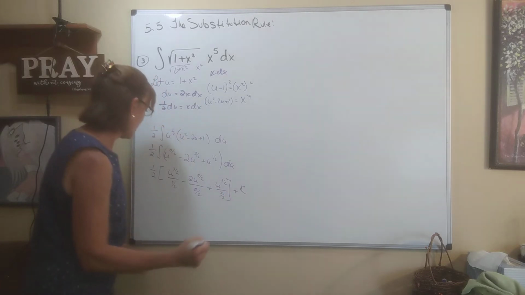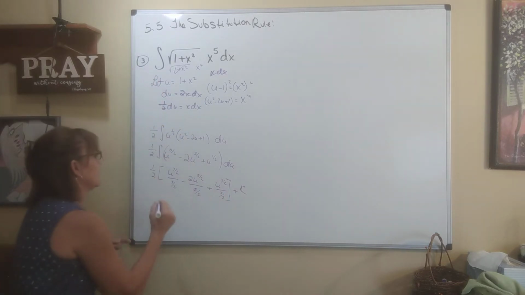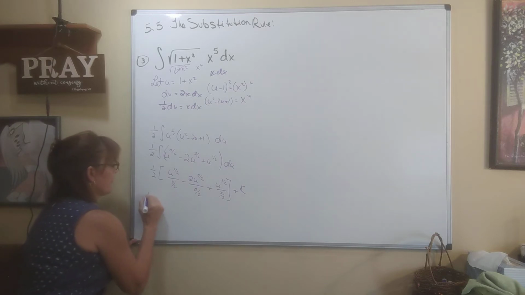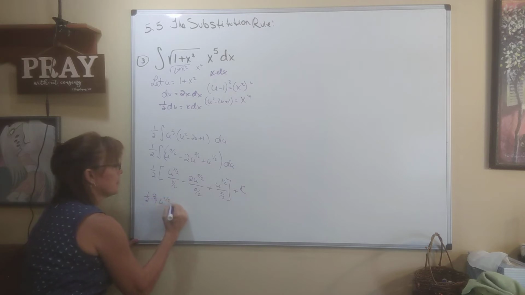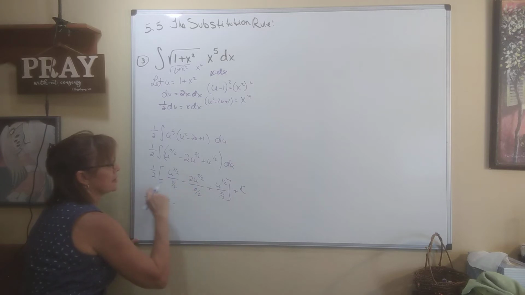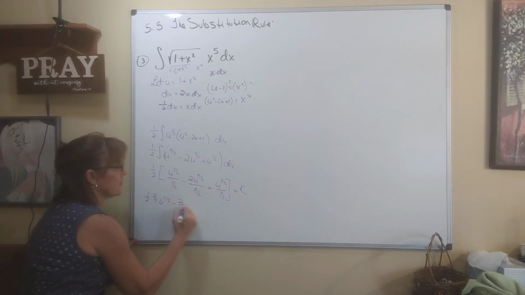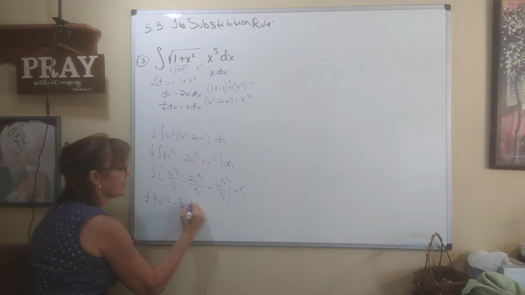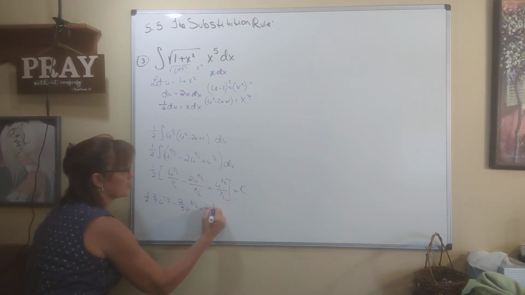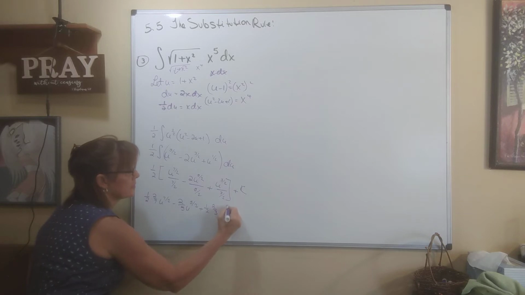Alright, so all of this can be written as 1/2 times 2 over 7 u to the 7 over 2, minus 1/2 times 2 is a 1. I just get 2/5 u to the 5/2, plus 1/2 times 2/3 u to the 3/2, plus a constant.